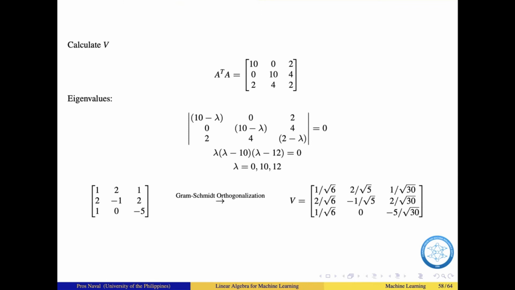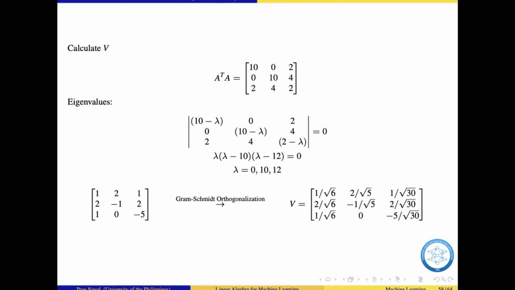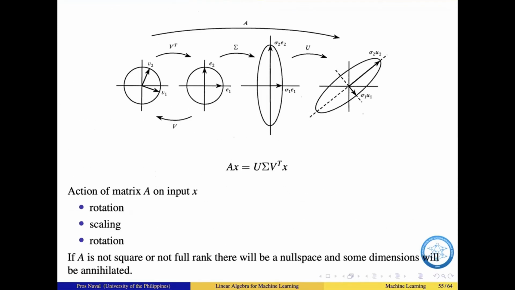Our GSO example is actually this, no? So remember this: 1, 2, 1; 2, minus 1, 0; 1, 2, minus 5. That's this.